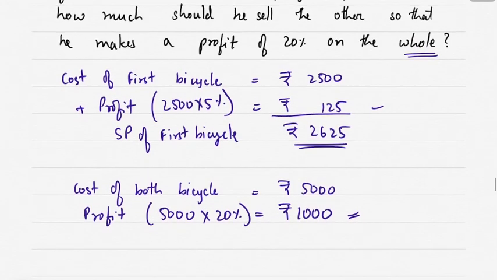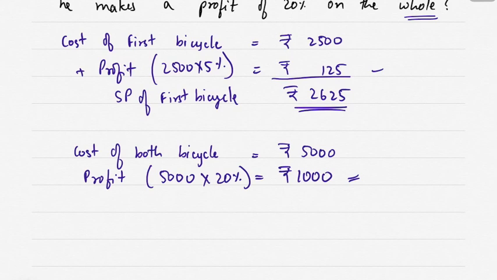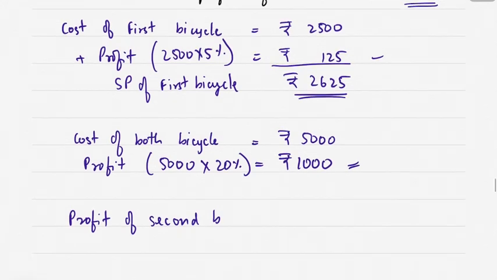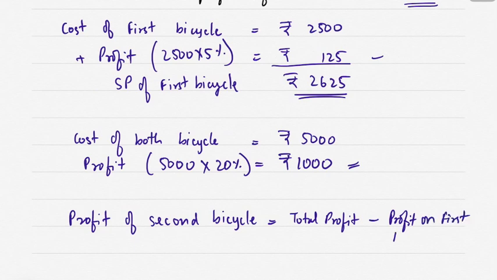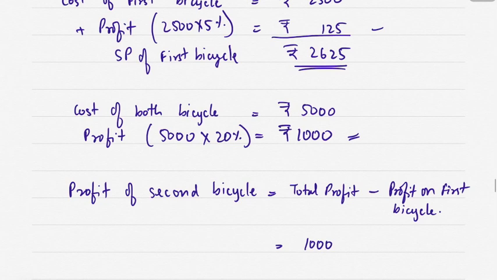So, profit on second bicycle should be total profit minus profit on first bicycle. 1,000 he is supposed to make.